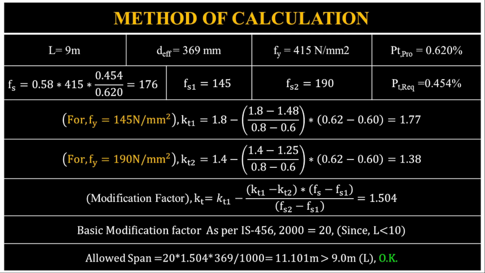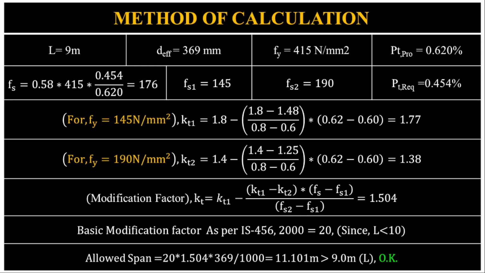For Fs1 equals to 145 Newton per square millimeter, the interpolated Kt1 value is calculated as 1.8 minus the product of 1.8 minus 1.48, divided by 0.8 minus 0.6, and multiplied by 0.62 minus 0.60, resulting in 1.77.